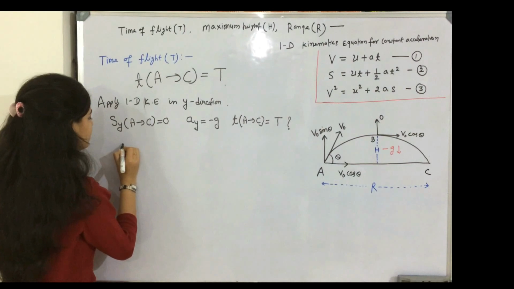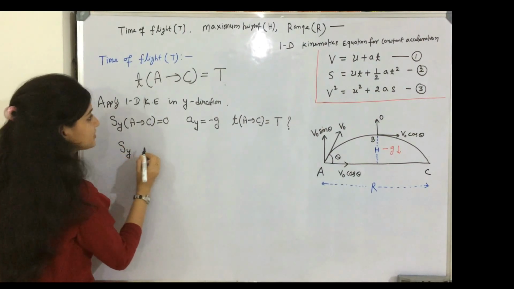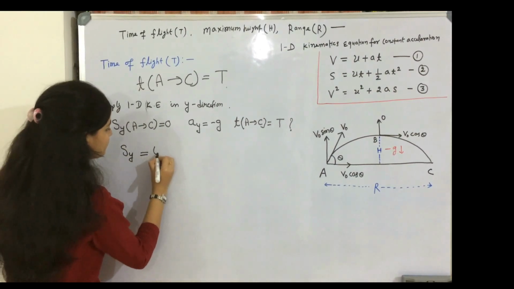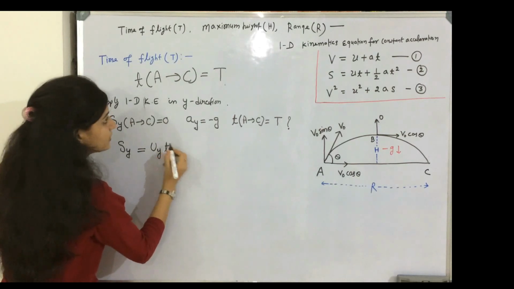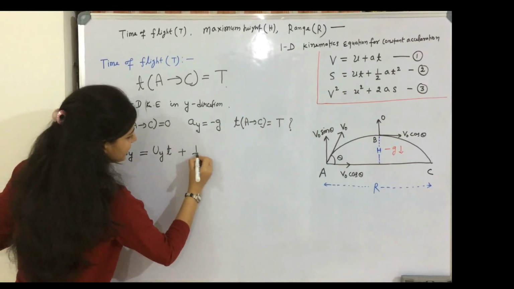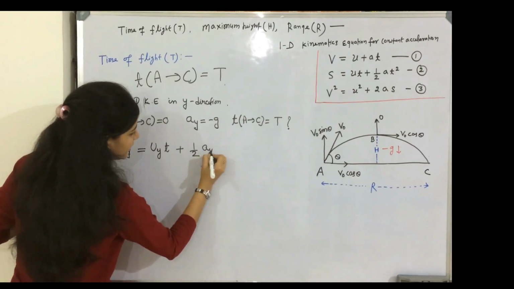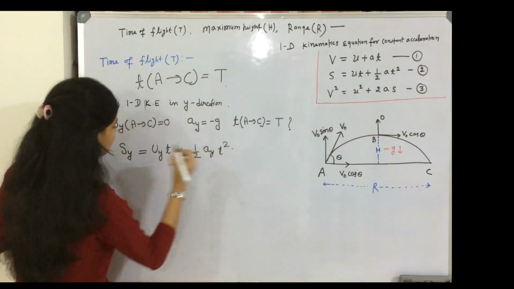So Sy equals Uy T plus half Ay T square.